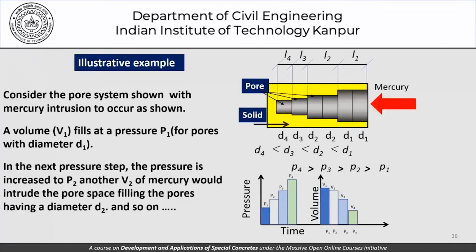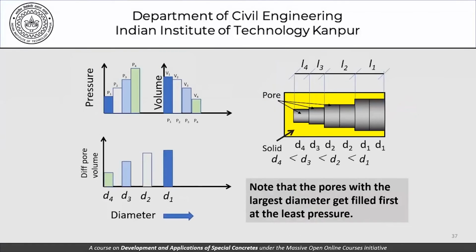What it says is that so long as we start filling the pores from here, the larger diameter, then smaller than that, smaller than that, smaller than that, we will keep getting differential pore volumes and we will get the total pore volume as far as this system is concerned. So this is what we will get.